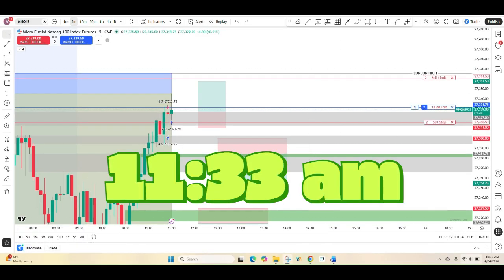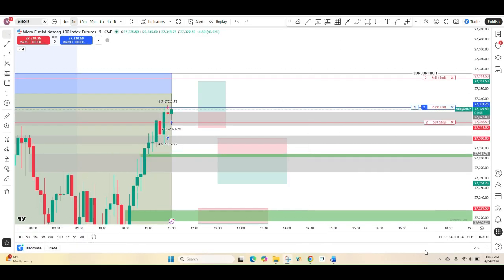So it's 11:33. I know I said I was going to be done last time, but I'm only at 2 contracts. I missed the first entry, so I just entered because it came back down and got close to where the initial entry was. I didn't even wait for the 5-minute candle to close since I had already done it the first time.